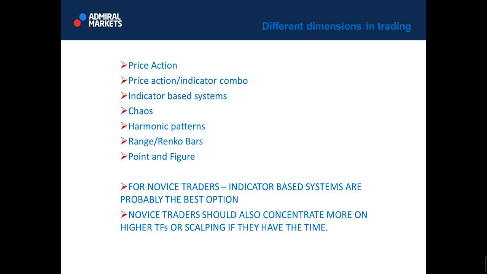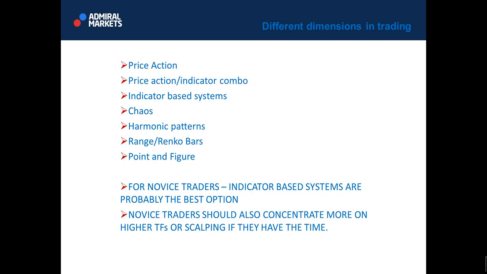So, for novice traders especially, indicator-based systems are probably the best option. And I'm talking now specifically about novice traders, because when you're new to Forex trading, everything is very confusing. You need to know about different ways to trade in order to pick your final dimension for trading.